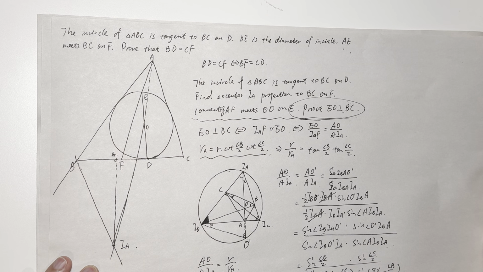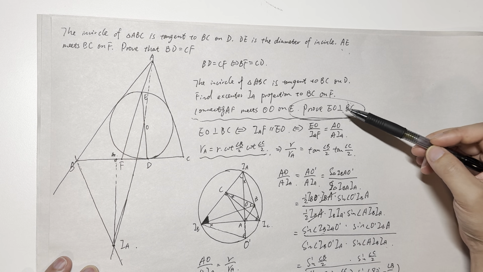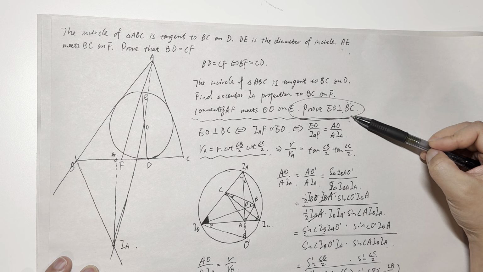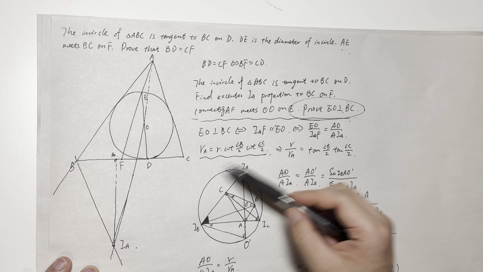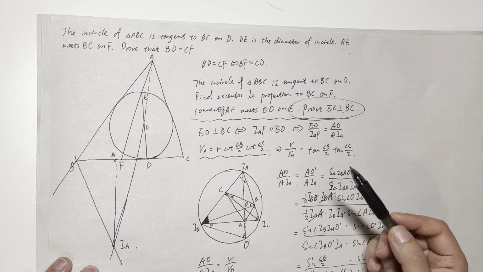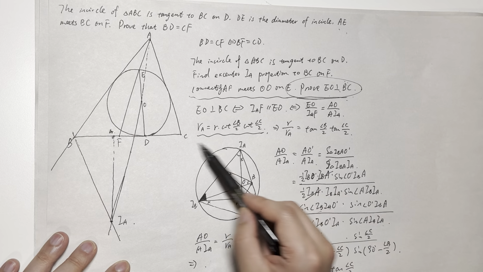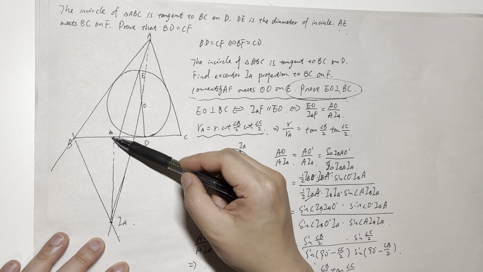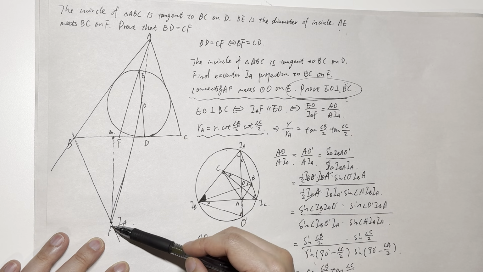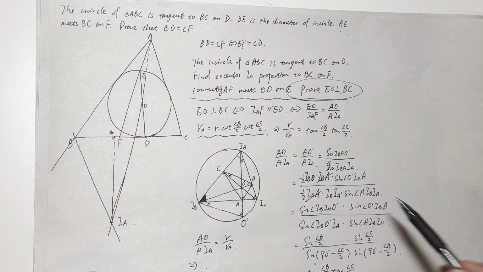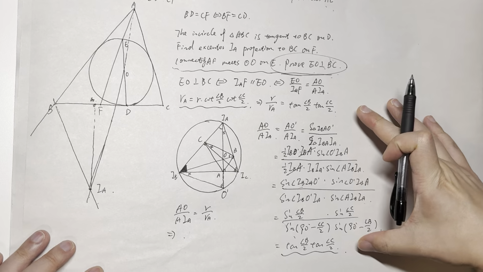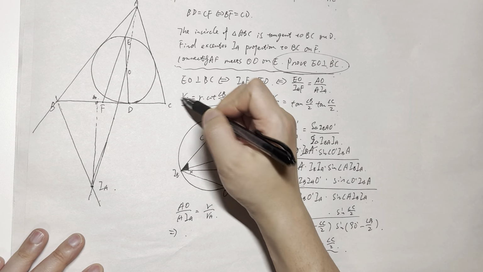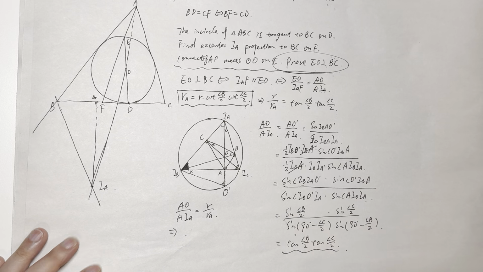So based on wanting to prove that EO is perpendicular to BC, which means we want to prove IAF is parallel to EO, and then we want to prove that EO to IAF equals AO to AIA, and all of these can be written based on what we learned, right?